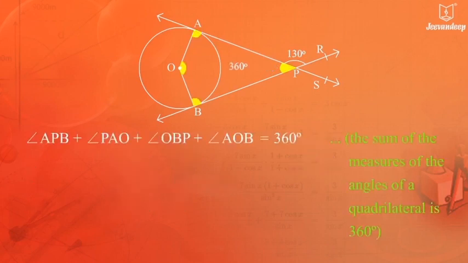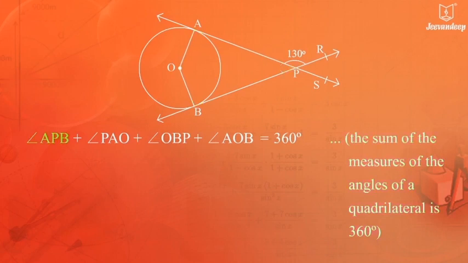As the sum of the measure of the angles of a quadrilateral is 360 degrees, angle APB plus angle PAO plus angle OBP plus angle AOB equals 360 degrees.